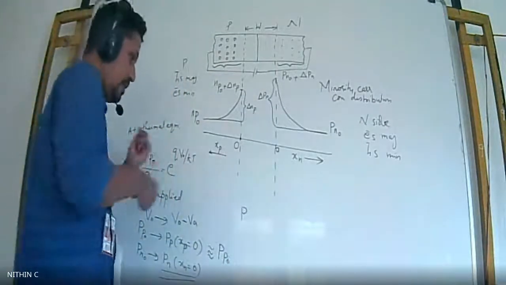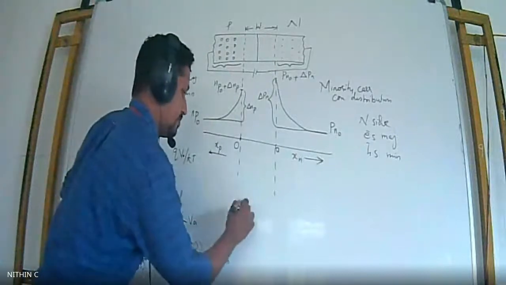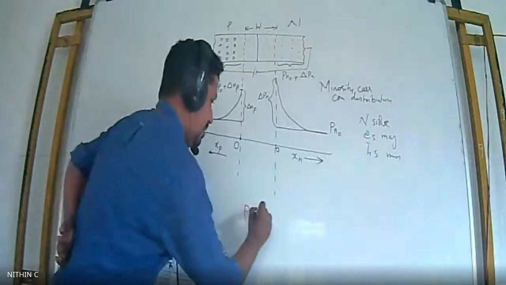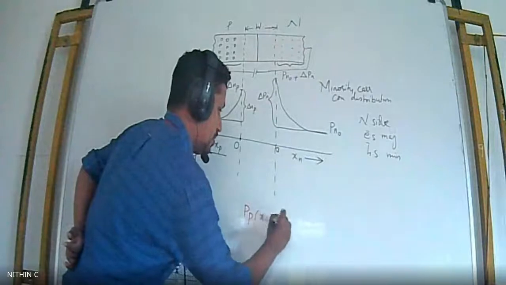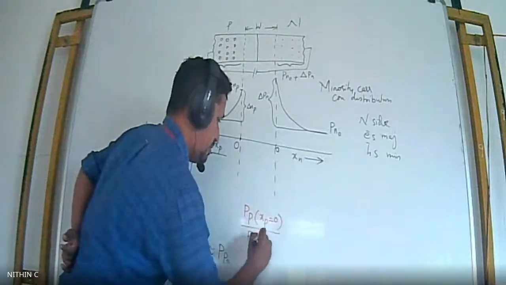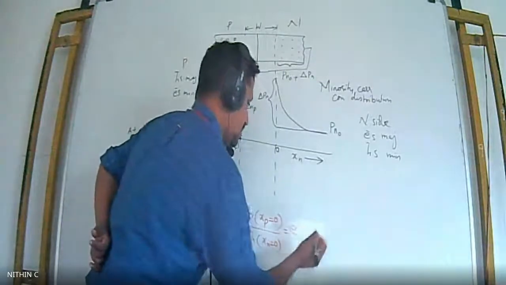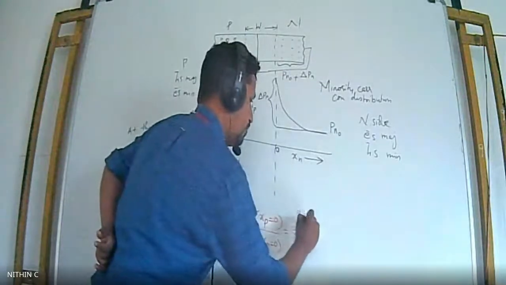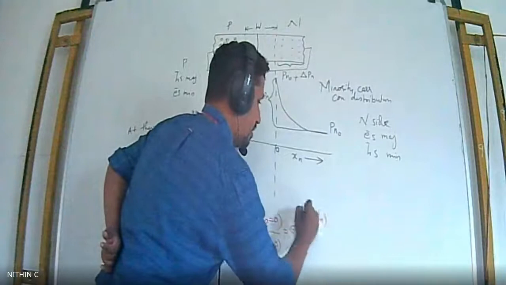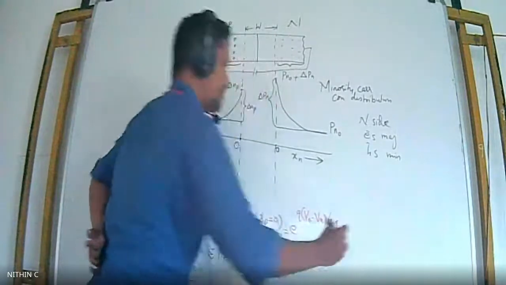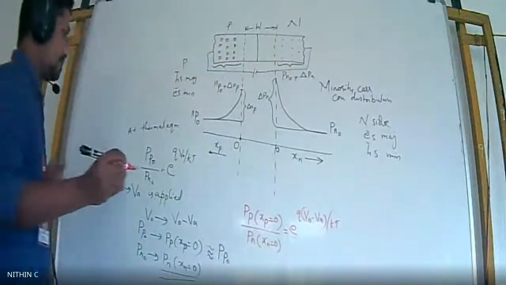So when VA is applied, the expression will change as Pp(xp=0) by Pn(xn=0) equals e raised to q(V0 minus VA) by kT. Clear?